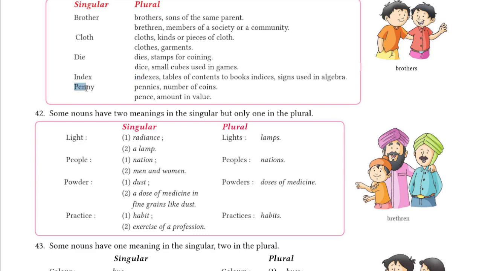Penny is a noun in singular number. It has two plural forms. One is pennies, that means numbers of coins, and the second is pence, that means amount in value. A pound consists of 100 pence.